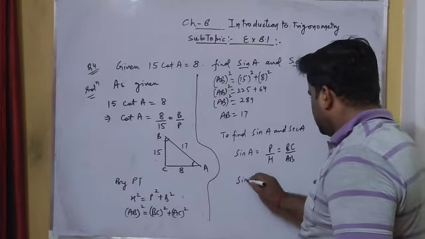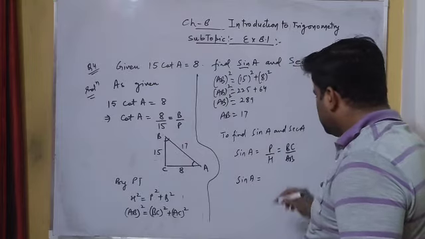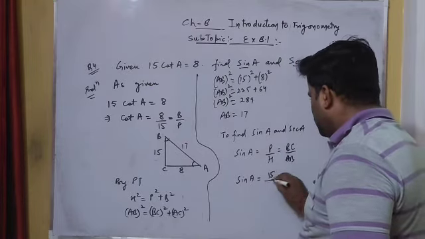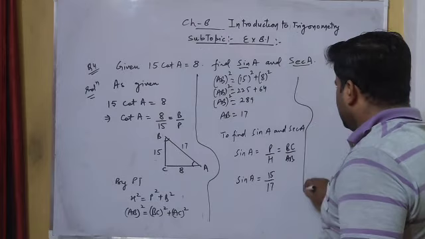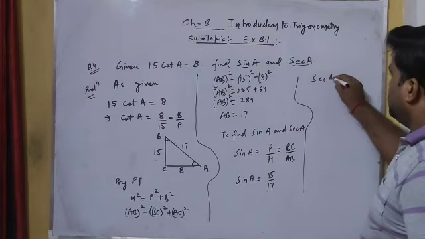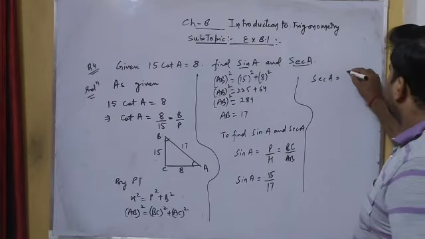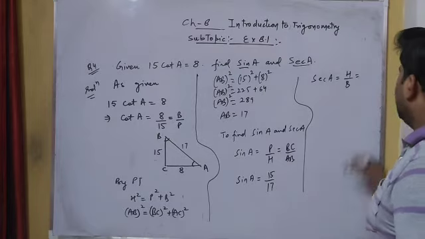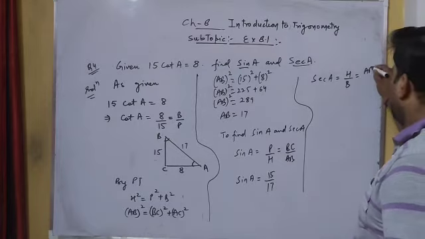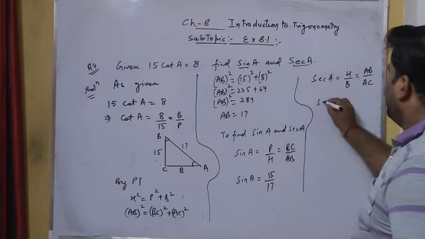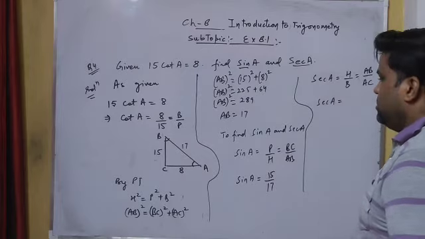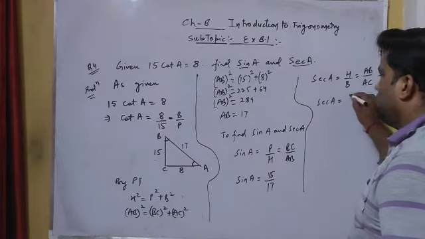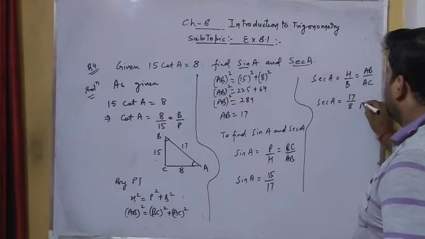So we get sin A is equal to 15 upon 17. Similarly, sec A is the hypotenuse upon base, which is equal to AB upon AC. So we get sec A is equal to 17 upon 8.